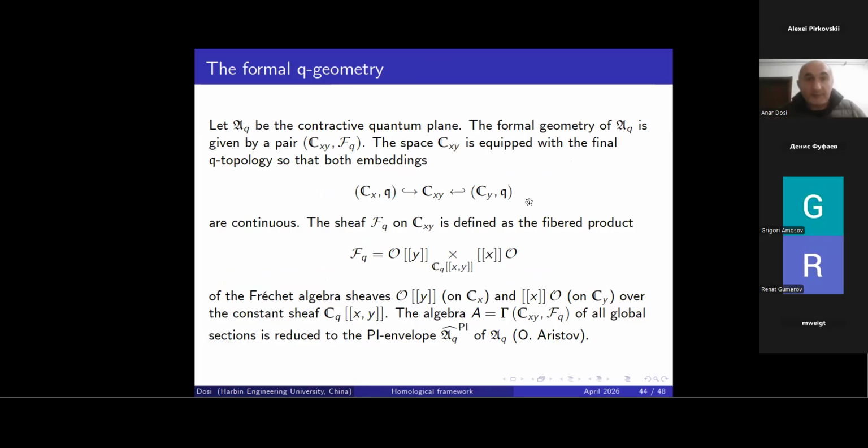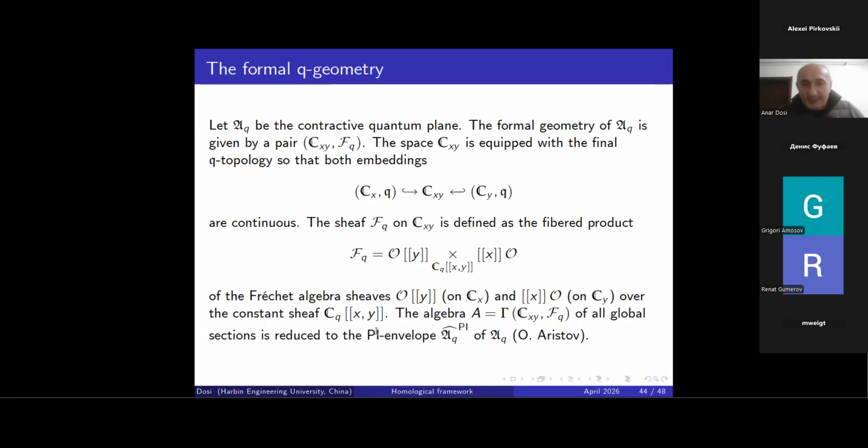Yeah, finally, a few minutes. So finally, we have a quite comprehensive picture in the case of the formal geometry. So in this case, again, CXY, on both sides, we have the same Q topology. And we can define the sheaf, the fiber product from the left and right over the constant sheaf.